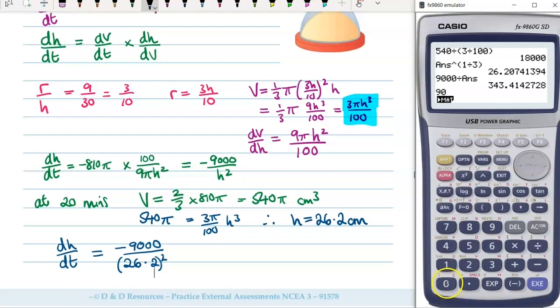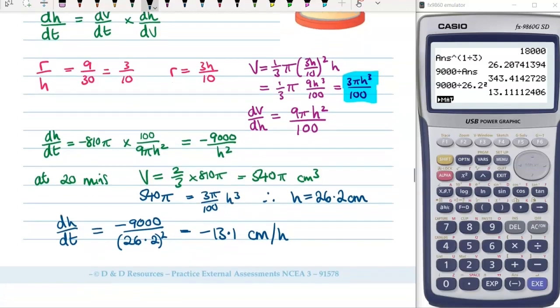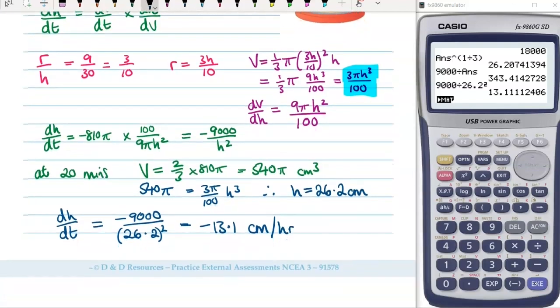So let's just try that again. 9,000 divided by 26.2 squared is equal to, that's a minus 13.1. The height is measured in centimeters and the time is per hour. So this means that the height is dropping at a rate of 13.1 centimeters per hour.